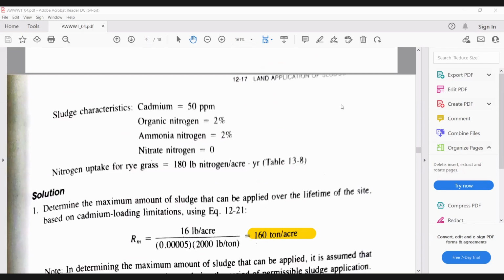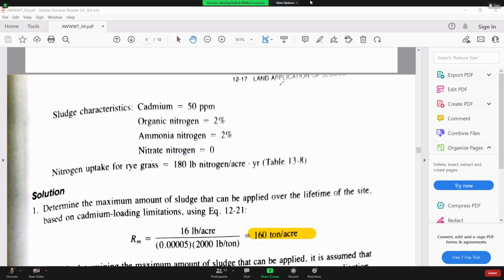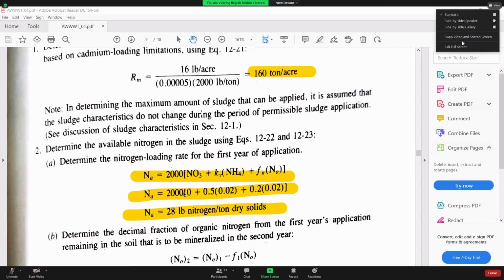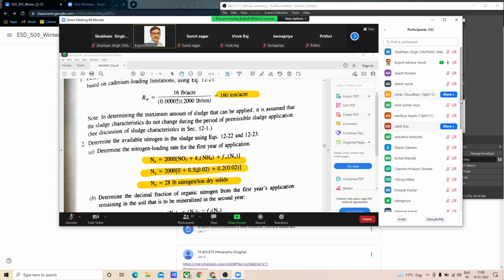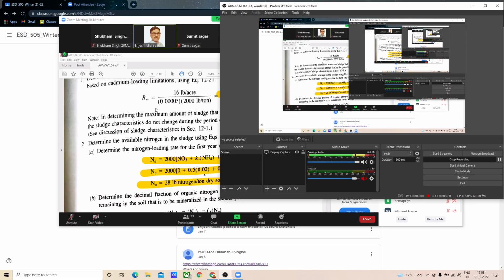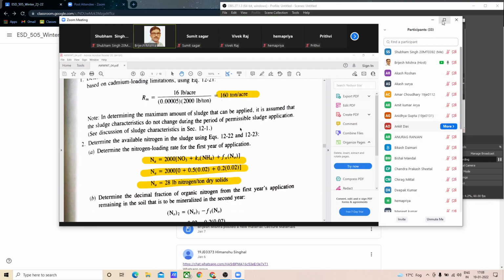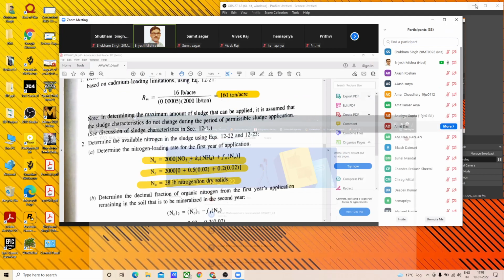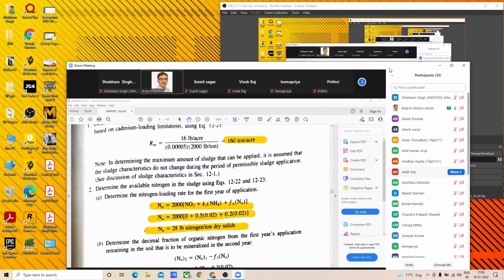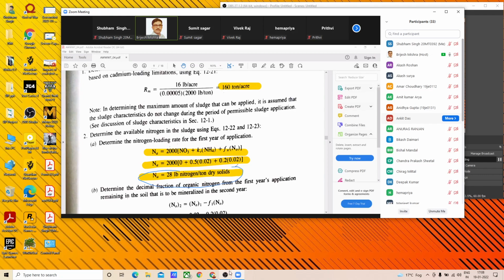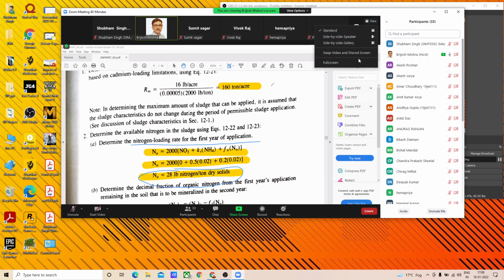Just see, nitrate nitrogen is 0, ammonia nitrogen is 2%, and organic nitrogen is 2%. So this is the tons of nitrogen per ton of dry solids. It is the nitrogen loading rate for the first year of the application.